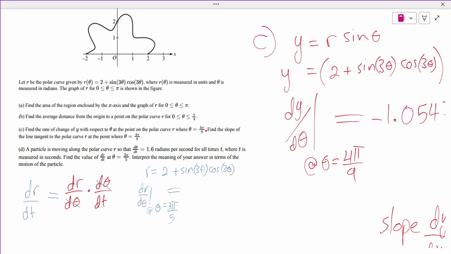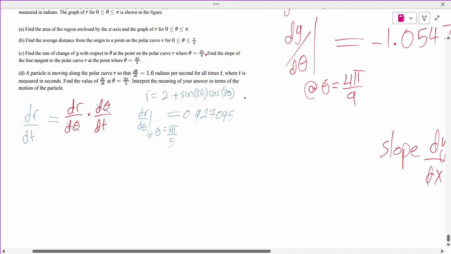You should get 0.92745. This is dr over d theta. So you just need to differentiate the given r with respect to theta and substitute 3 pi over 5. You can just use the calculator to find dr over d theta, and we will substitute this value back here.